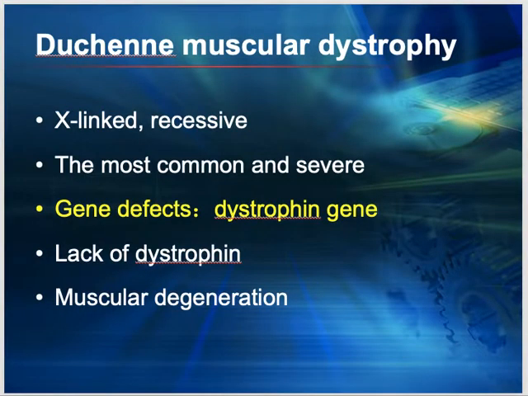Now let's start talking about Duchenne's and Becker's muscular dystrophy. Okay, so now the important points which we have to remember, because most of these Duchenne's and Becker's things are asked in MCQs.